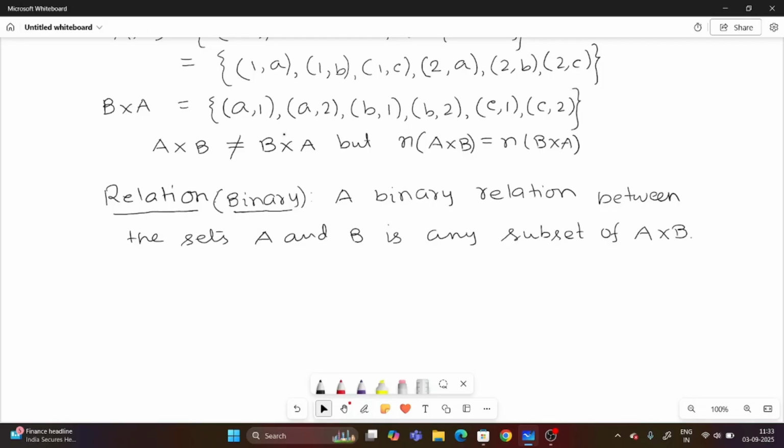So if A and B are two non-empty sets, then a binary relation between A and B is any subset of A cross B.